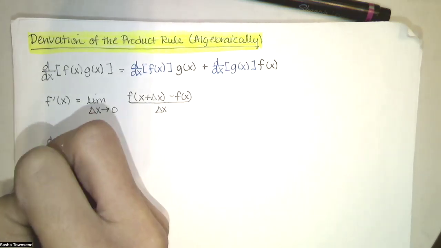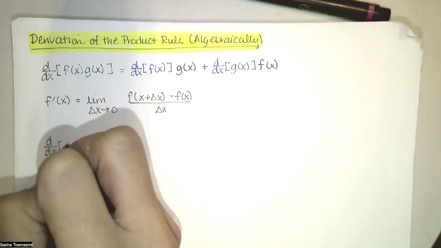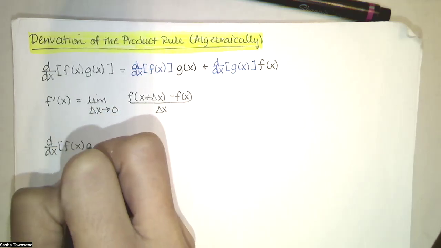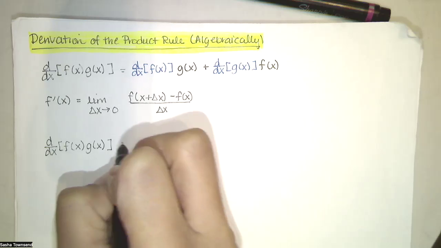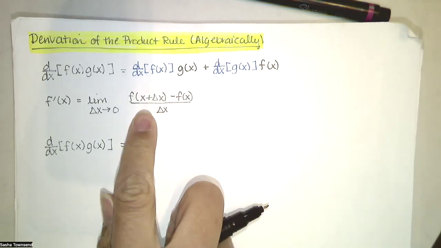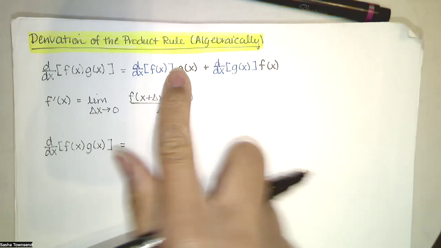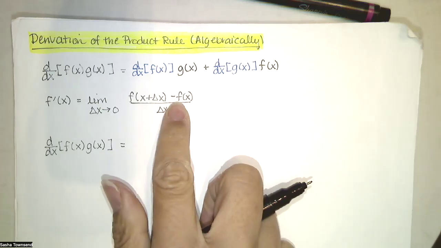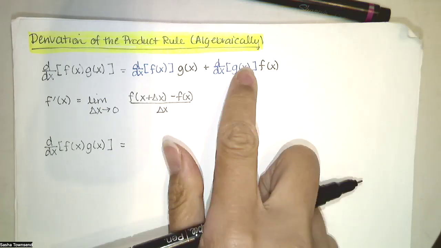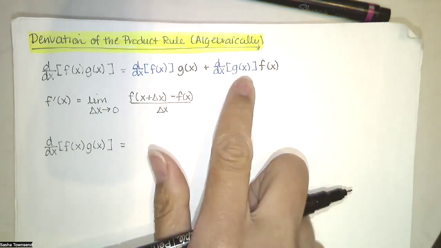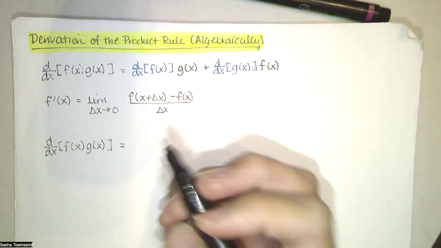So when we are trying to derive the derivative of a product, we're going to apply this rule and try to make it look like this. Try to make the expression that we get for this limit look like the sum of these two terms.